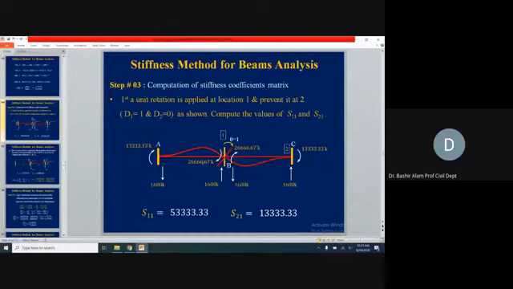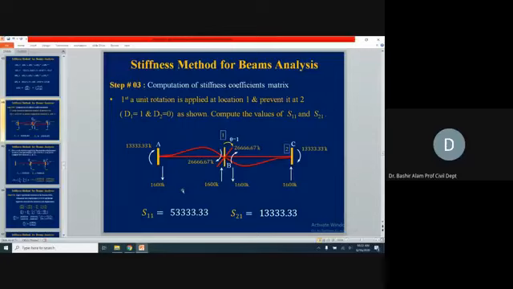Now let's verify this value for the AB span. So this will become 4 EI, which was 156.67, divided by L, which is 25. So 246.67 here. Far end divided by 2 in the same clockwise direction, and then the balancing couple.